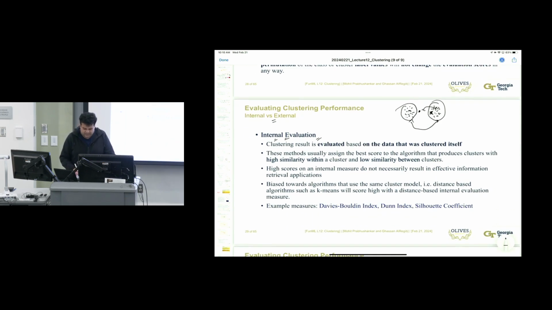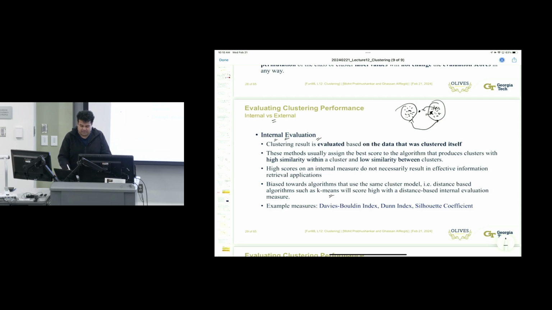One thing you'll notice is that these metrics are biased towards algorithms that use the same cluster model. Right now I just used the word distance, or maybe I should say proximity measure, which is something that we use in both k-means and GMMs. But in k-means, what we used was a Euclidean distance, whereas in GMMs we were using more of a Mahalanobis distance.